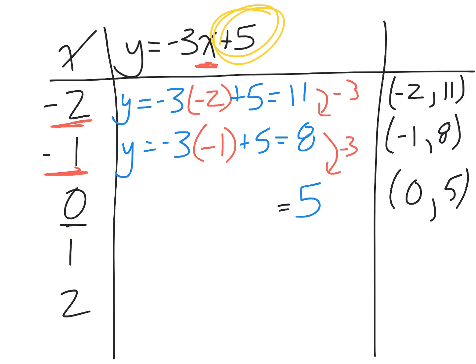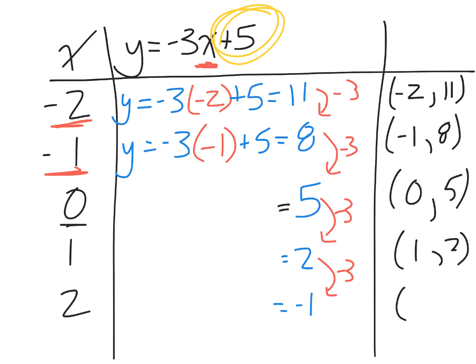I then can repeat our pattern that is established. 5 minus 3 is equal to 2, so that means our next point is going to be 1, 2. And then finally, if I subtract 3 again from 2, I believe that gets me to -1, and that would mean our last point is 2, -1.